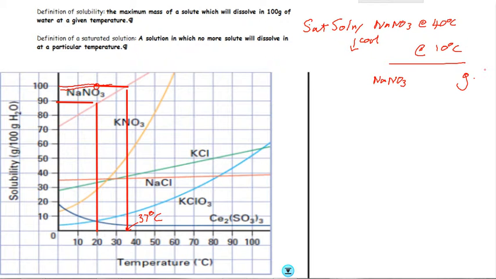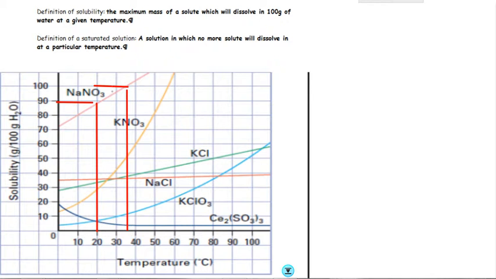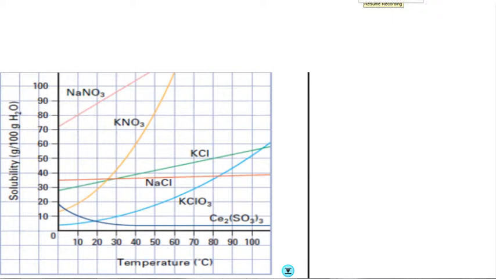Well, let's have a look at exactly that. The first thing we would do is find out the solubility of the sodium nitrate at 40 degrees, and the solubility of the sodium nitrate at 10 degrees.